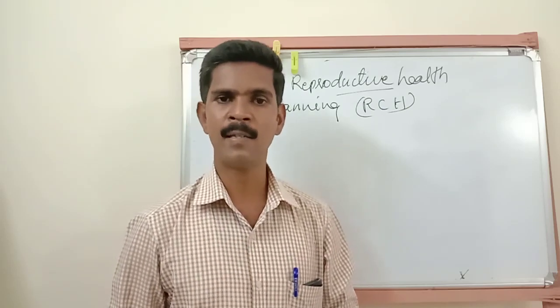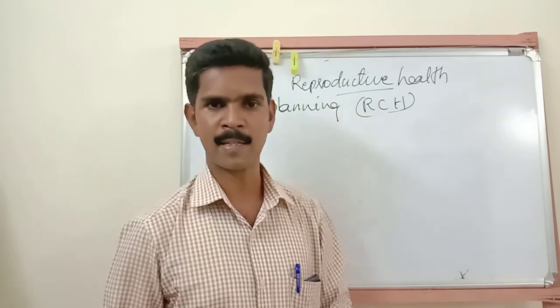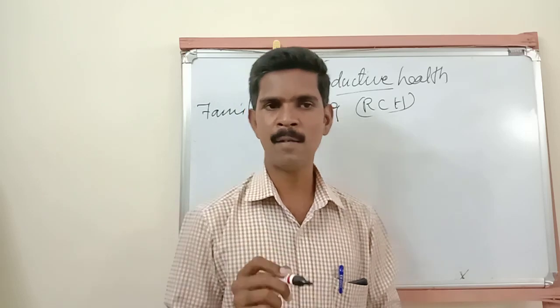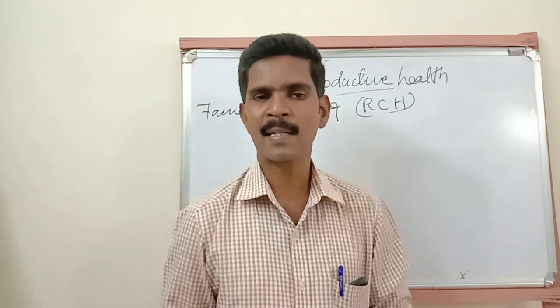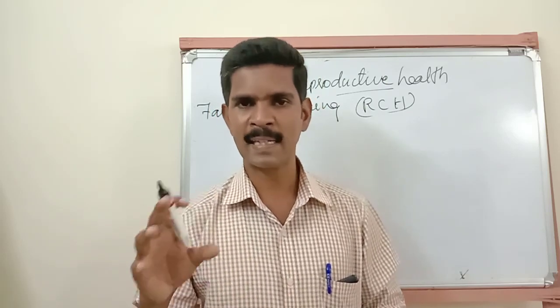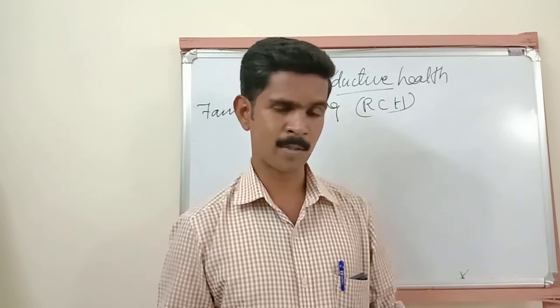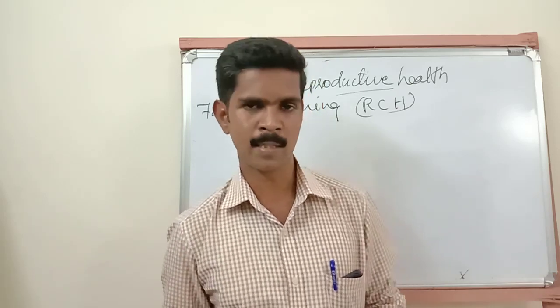The first main important aim of this RCH or family planning is a healthy society. The main aim is creating awareness among the people to build a healthy society. A group of people living together in one area is called a society.